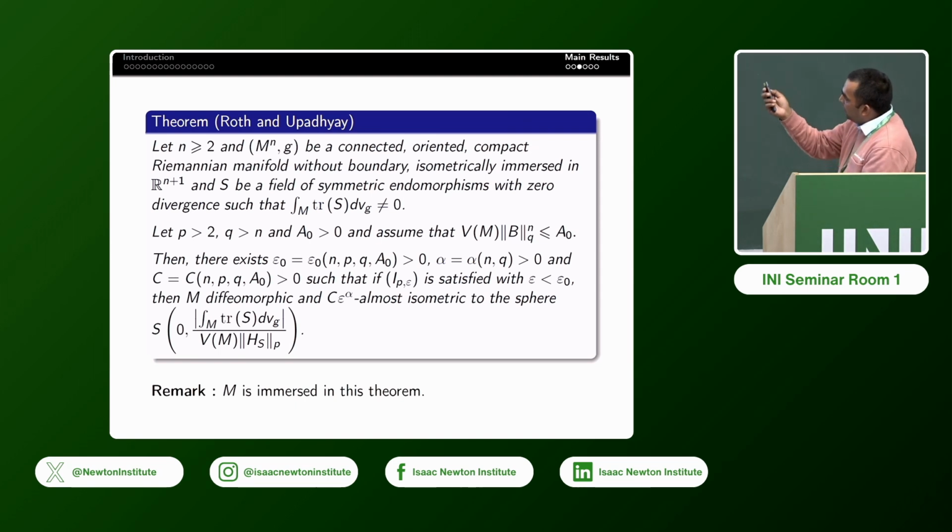Then there will exist an epsilon 0, depending upon those three numbers, such that if this condition is satisfied, then there will exist an epsilon less than epsilon 0 such that our hypersurface is diffeomorphic and C epsilon to the power alpha almost isometric to the sphere of this radius. That is the result, and this is the case if M is immersed.